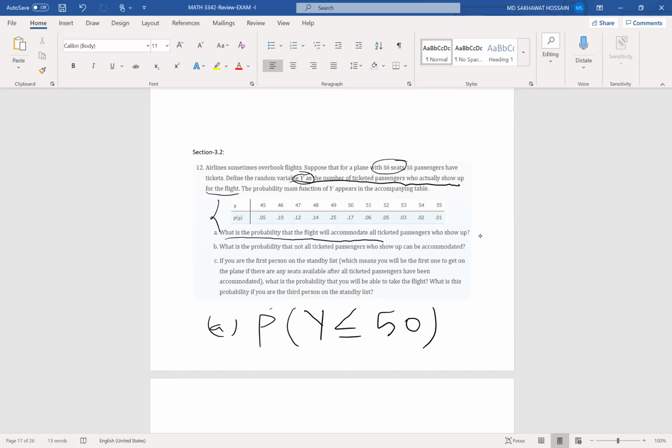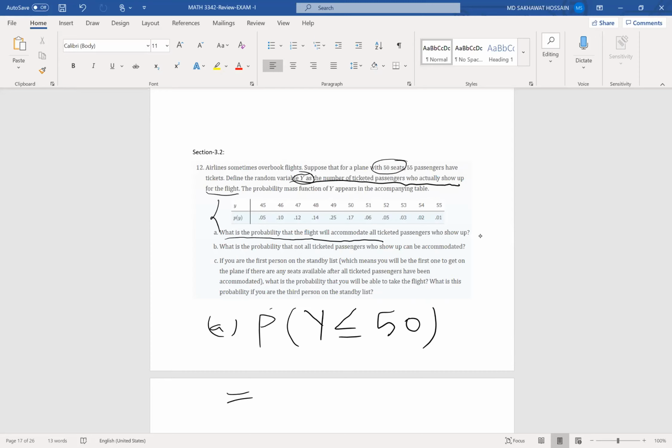If 47 people show up, they can accommodate all of them. If 49 passengers show up, they can accommodate all of them. If 50 passengers show up, they can accommodate all of them. But if 51 passengers show up, they cannot accommodate one person, right? They can accommodate a maximum of 50. So that's why we are looking for the probability that y is less than or equal to 50.